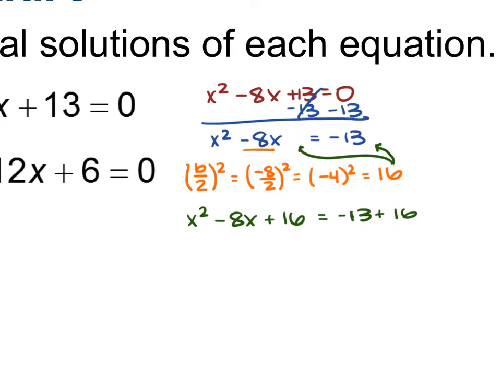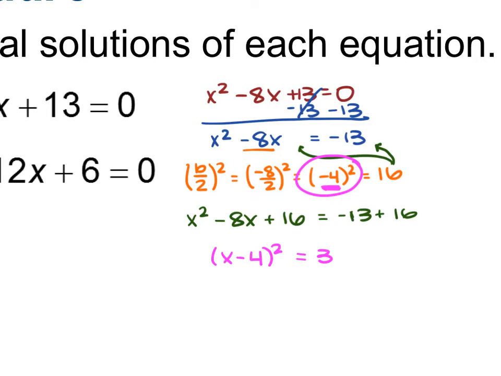When I factor my left side, I have to look at that term that was squared to get me that 16. That is going to be what's in parentheses with x. So the only thing I have to do is take this and add an x to it with the negative 4. And that's going to give me x minus 4 squared, that's that trinomial factored, is equal to negative 13 plus 16, which is 3.